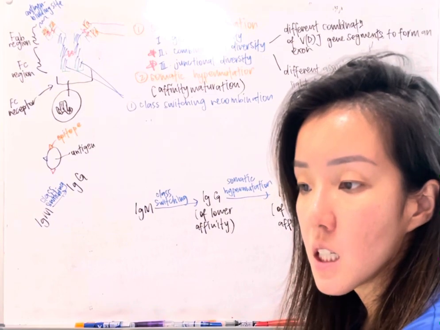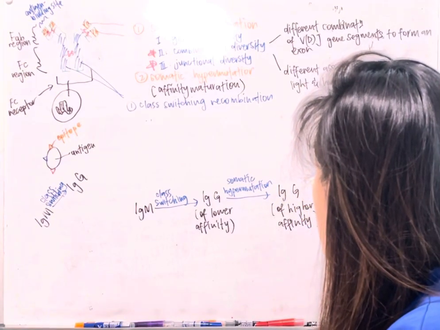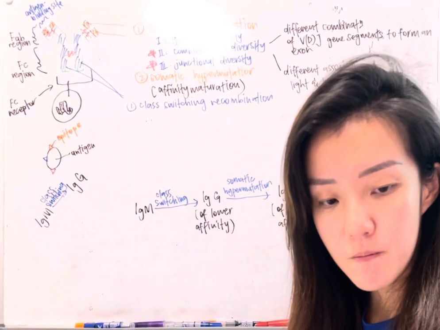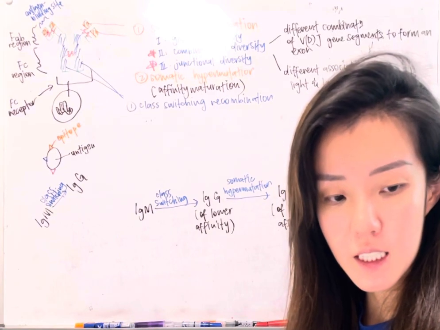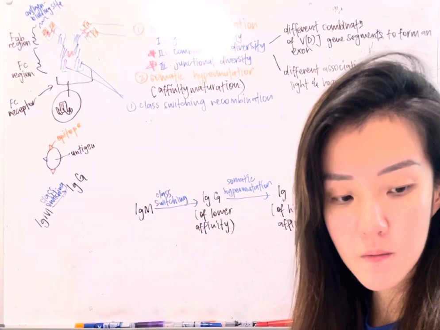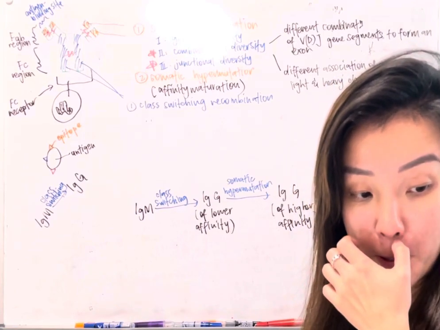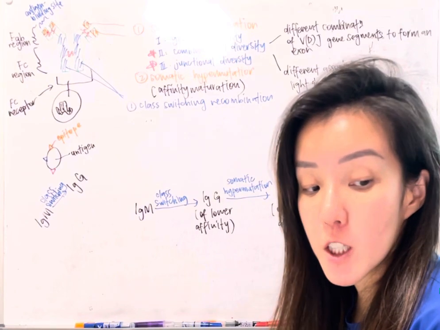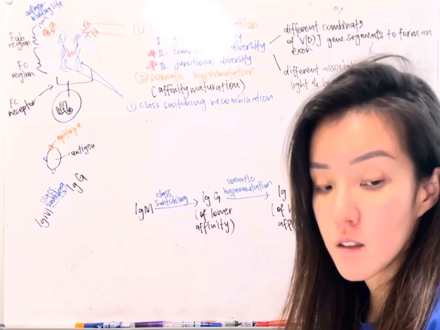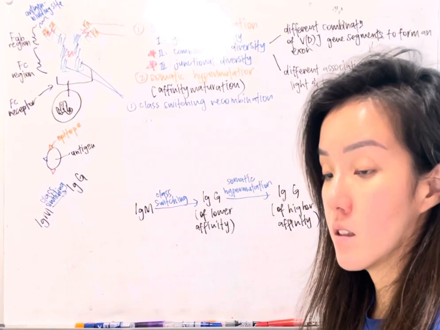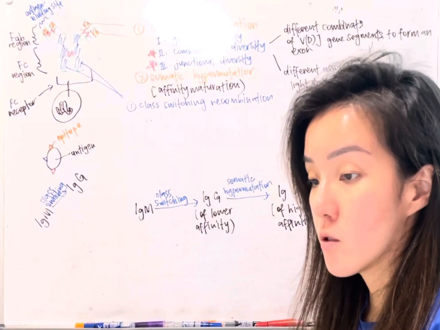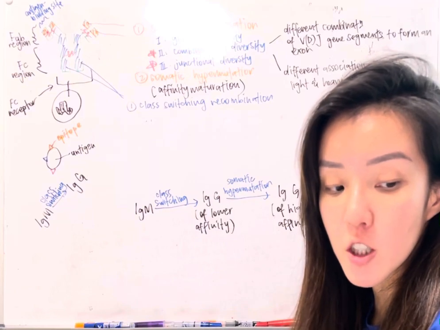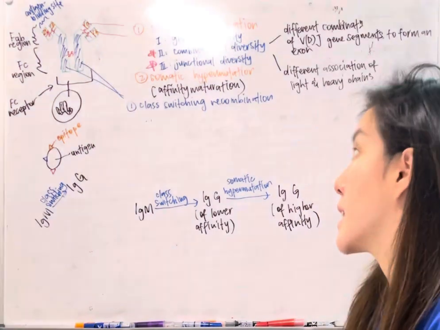So junctional diversity also occurs where nucleotides are added or inserted at joining sites during recombination, to form different antigen binding sites of the variable domain.